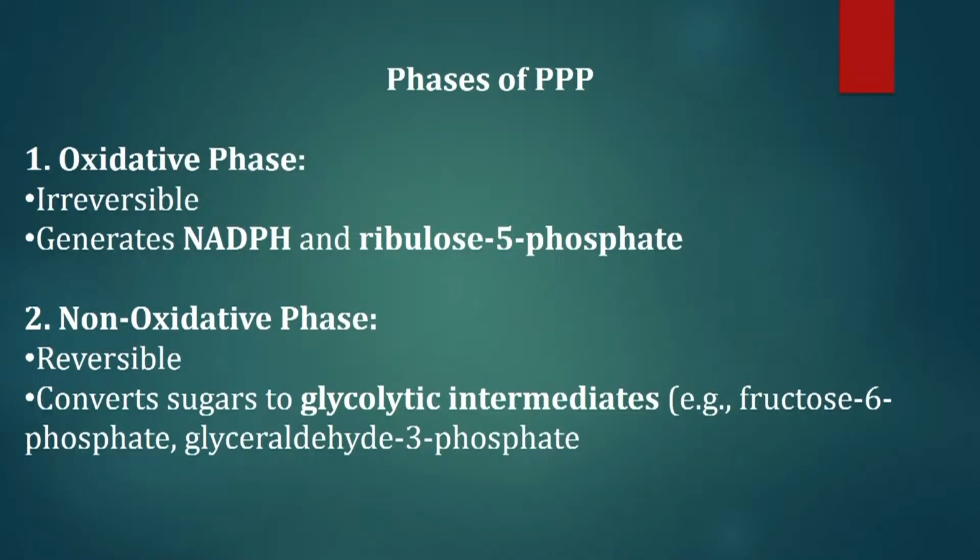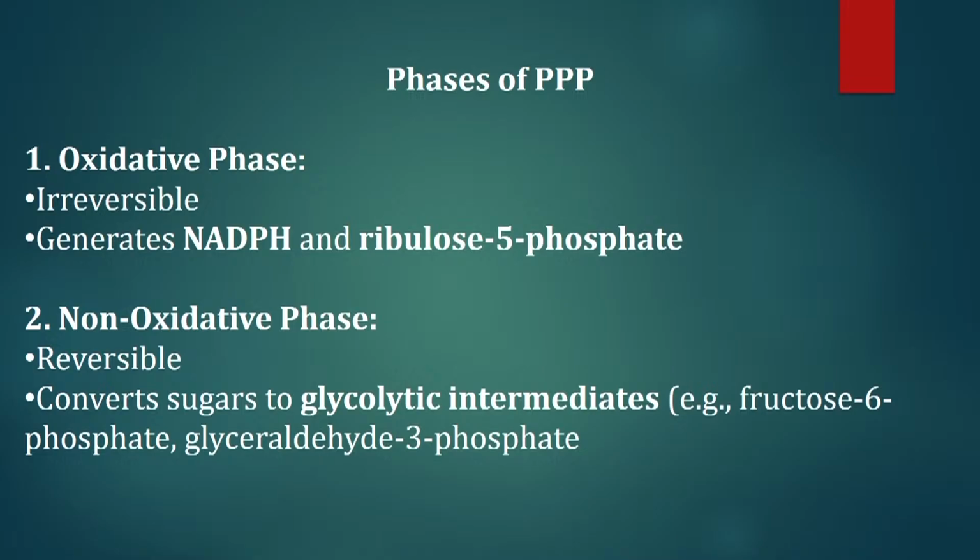Irreversible means it takes place in only one direction, and this pathway produces the NADPH molecule and ribose 5 phosphate, which is the important precursor for nucleotides, which finally make the nucleic acids.